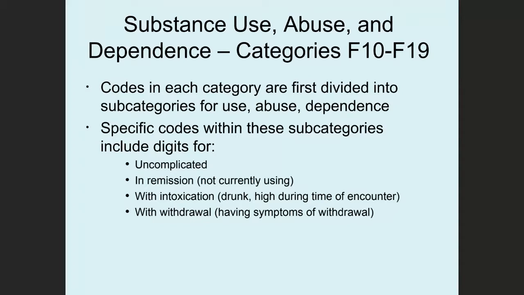Now, these subcategories are further divided into digits for uncomplicated, which we're going to define, in remission, with intoxication, and with withdrawal. Now, in remission means they're not currently using. With intoxication means the patient is drunk or high at the time of the encounter with the provider. With withdrawal means they've stopped using the drugs and they're having symptoms of withdrawal, and we'll talk about that a little more also.